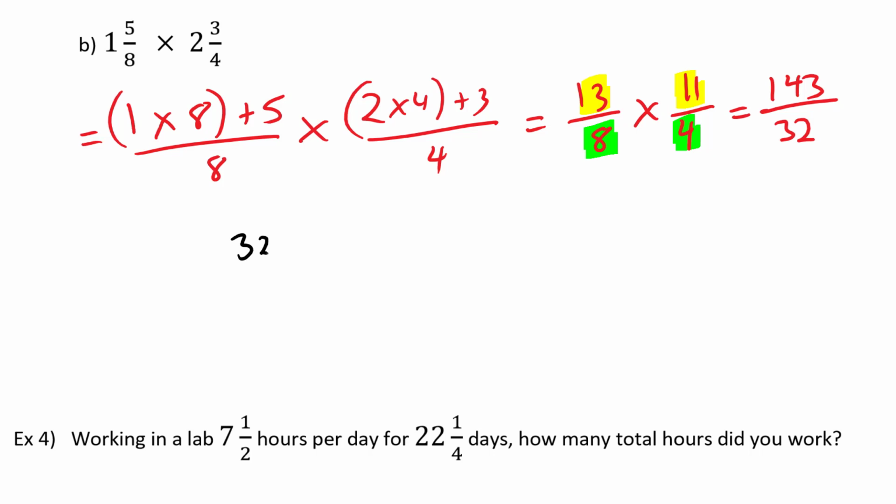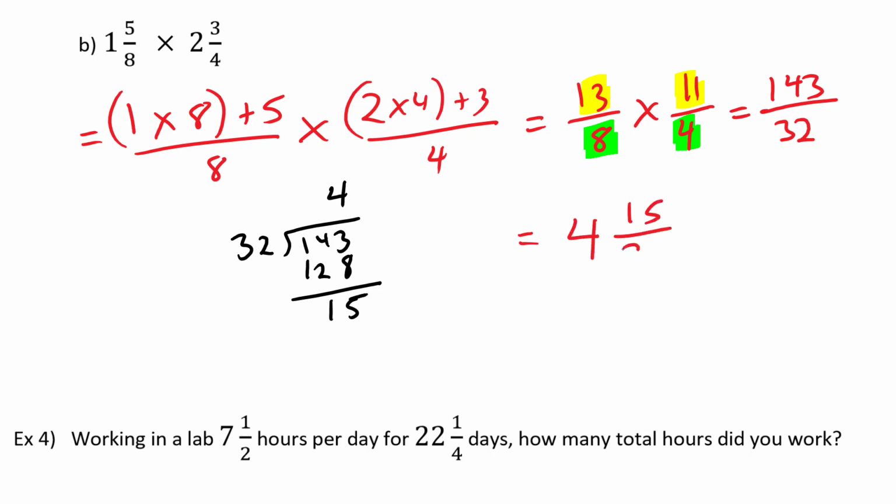See how many times 32 goes into 143. 4 times. Here we get 4 and 15 over 32. Can we simplify that down anymore? We cannot. Final answer.